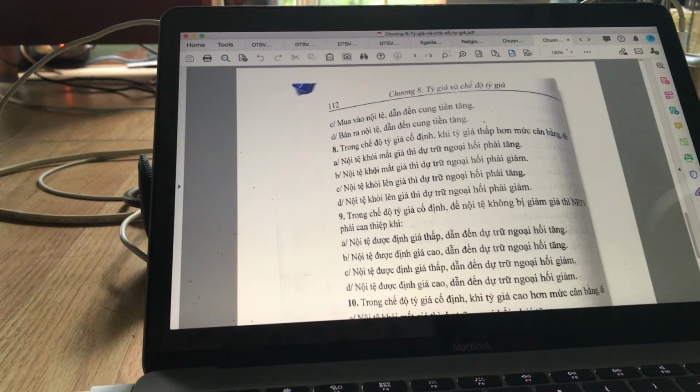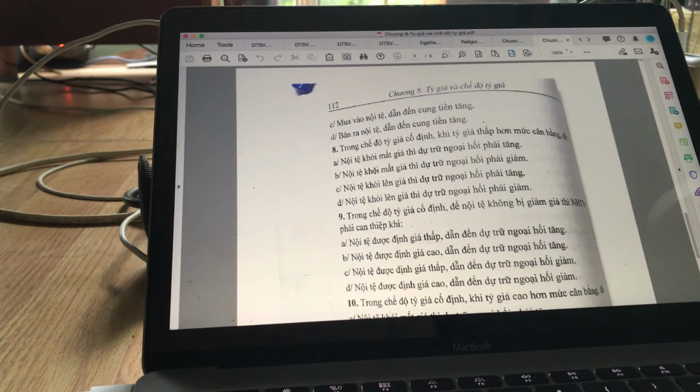In the fixed exchange rate regime, when the exchange rate is lower than the official, lower than the equilibrium rate, okay, so we have an excess in the demand, right? Yes.